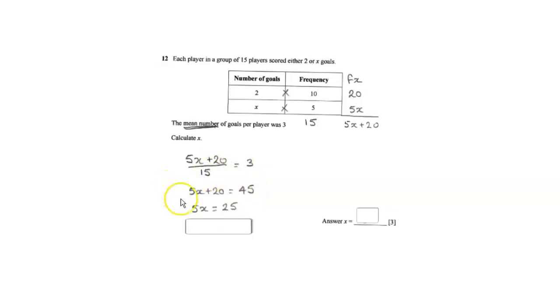Next step is we get rid of the 20. We're taking away 20 from the left-hand side, so we have to take away 20 on the right-hand side. And the next step is we divide by 5 each side. So 5 divided by 5 is 1, and then 25 divided by 5 is 5. So X is equal to 5.